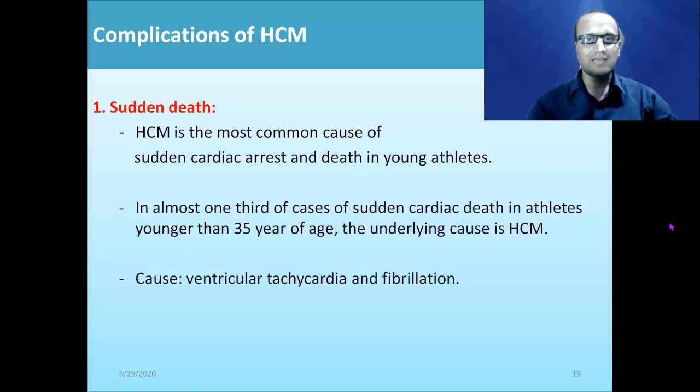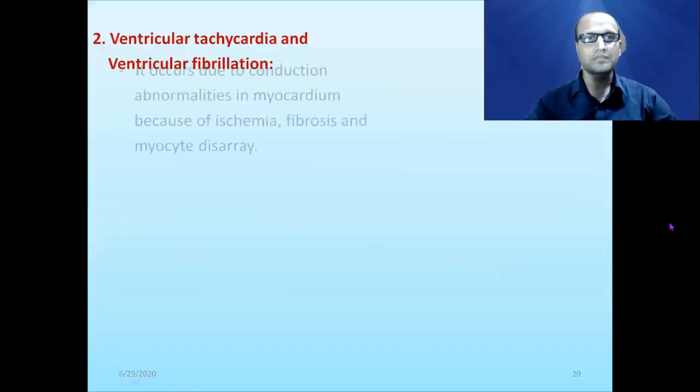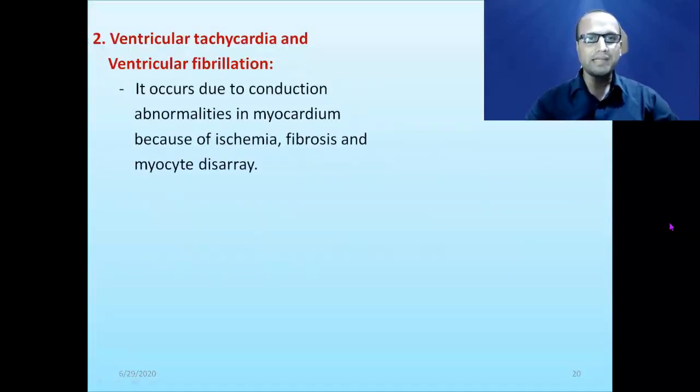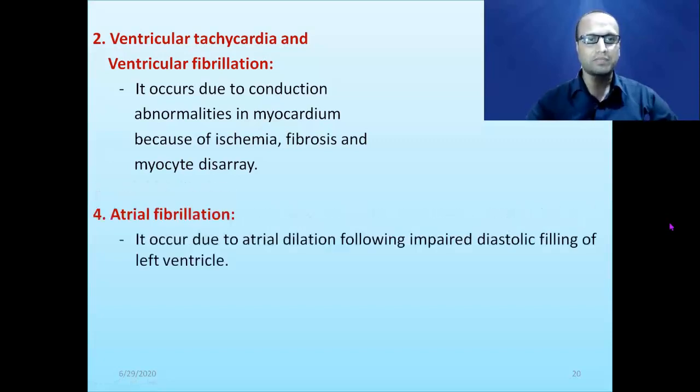And these athletes die because of ventricular tachycardia and ventricular fibrillation. Ventricular tachycardia and fibrillation arise because of conduction abnormalities in the myocardium. And conduction abnormalities arise in the myocardium because of myocardial ischemia, fibrosis, and myocyte disarray.